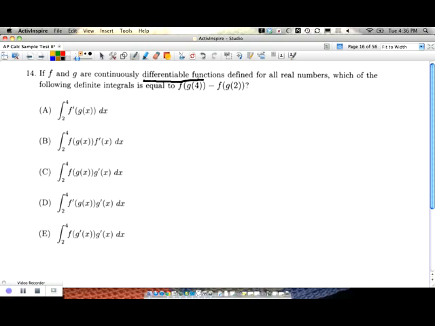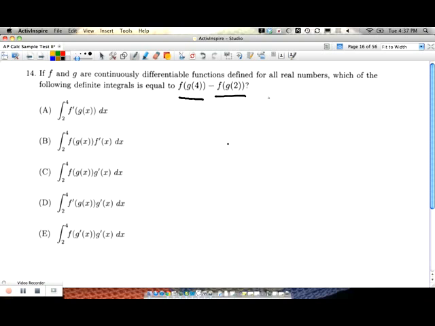These are differentiable functions. They're trying to tell us that we're allowed to take the integral of them, and that we're allowed to take the integral of the composition of them. So when we have f of g of x, we can take the derivative or the integral of that as well. What we want to notice is this last term that says f of g of 4 minus f of g of 2.